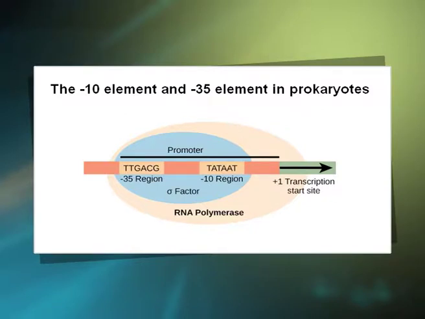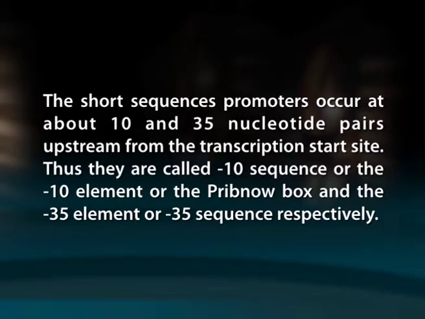Hundreds of Escherichia coli promoters have been sequenced and found to have two short sequences within these promoters which are highly conserved to be recognized. These promoter sequences occur at about 10 and 35 nucleotide pairs upstream from the transcription start site.